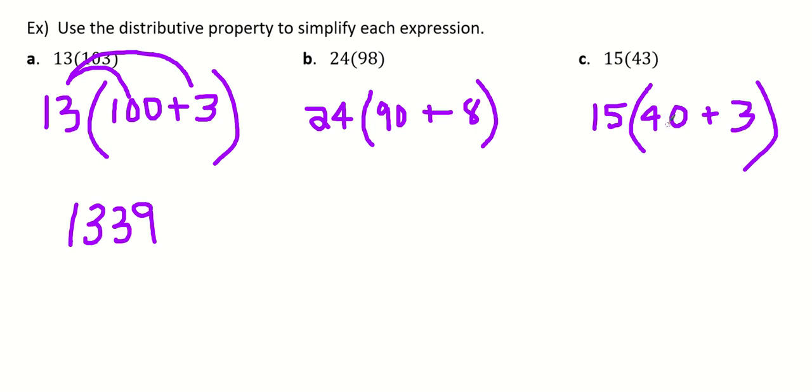Like 15 times 40, like 4 times 15 is 60. So 40 times 15 would be 600, I do believe. And then 3 times 15 would be 45. So doing this in my head, well, writing it down a little bit to help.